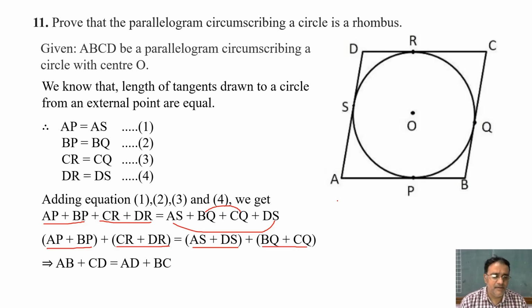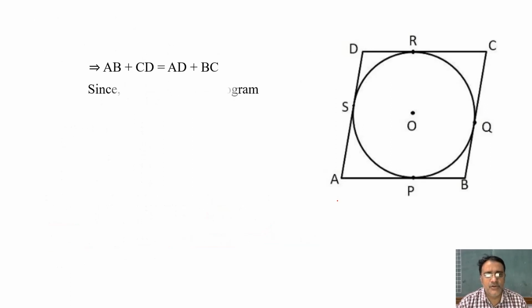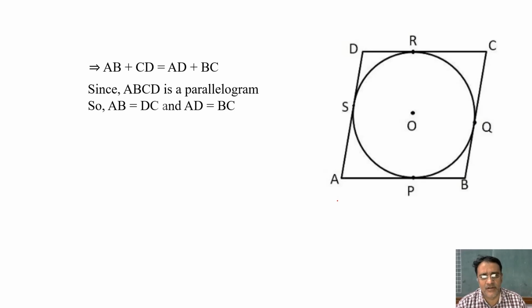Very good. Opposite sides of parallelogram are equal. So since ABCD is a parallelogram, therefore AB is equal to DC and AD is equal to BC. Okay, so we'll replace CD by AB and BC by AD, or we can replace AD by BC also.